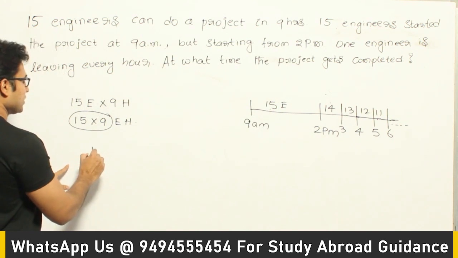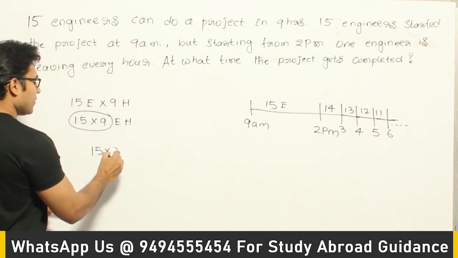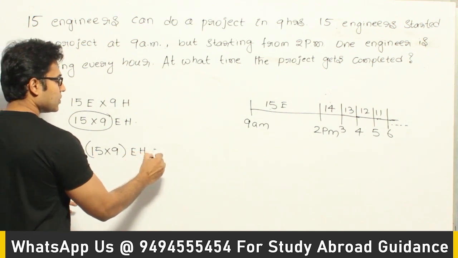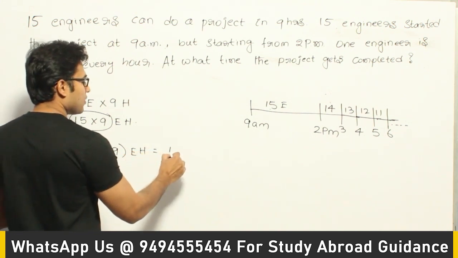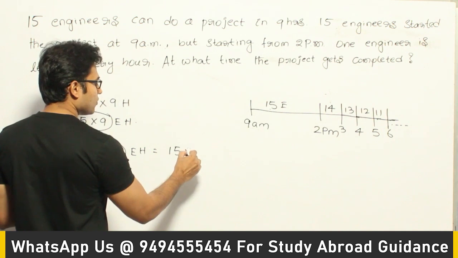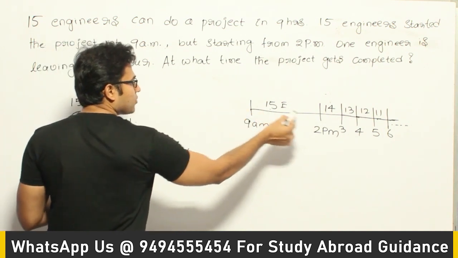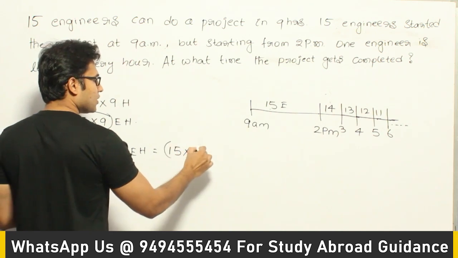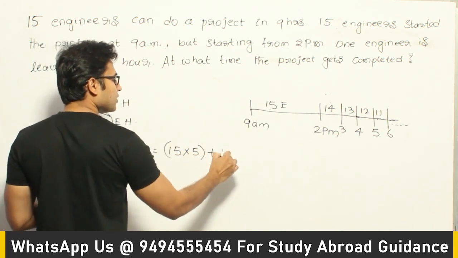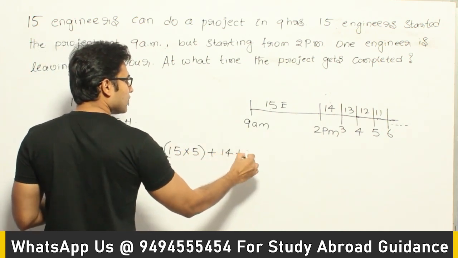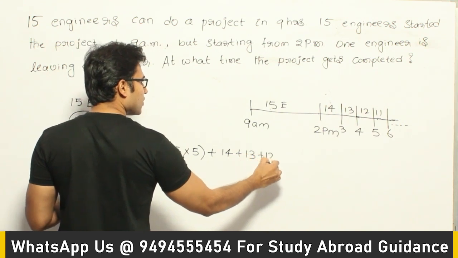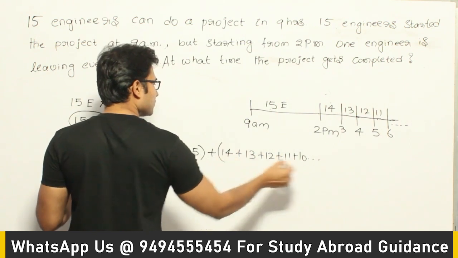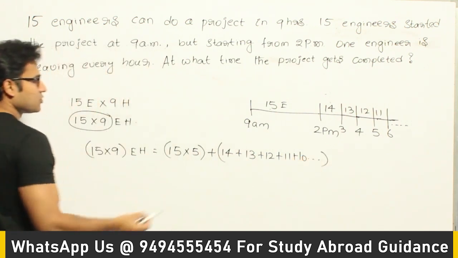So 15 into 9 engineer hours should be equal to 15 into 5, from 9 a.m. to 2 p.m., plus after that 14, 13, 12, 11, 10, and so on. Got it? So this is how you are supposed to solve it.